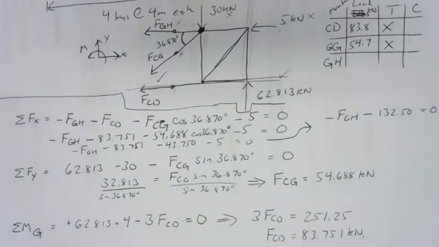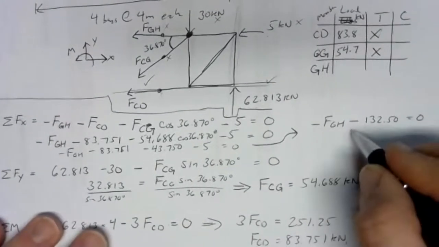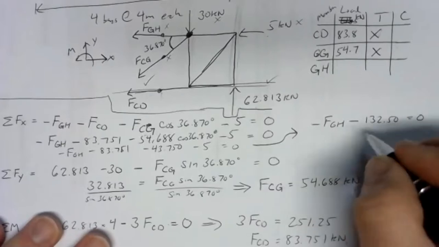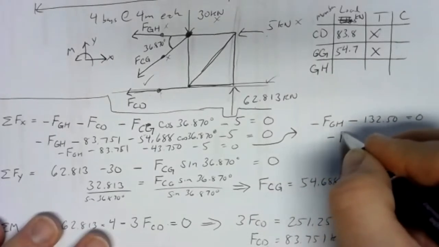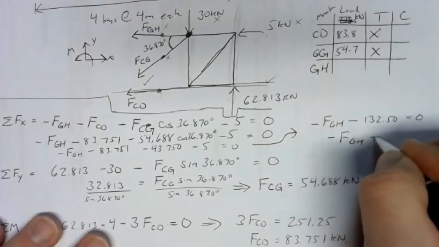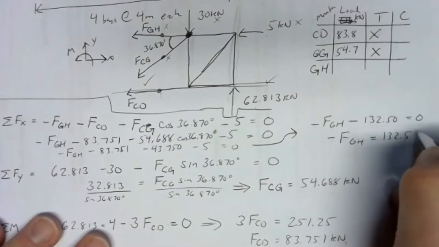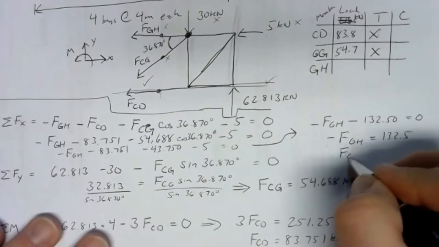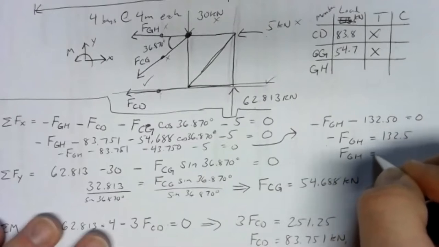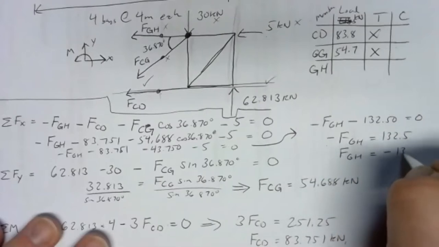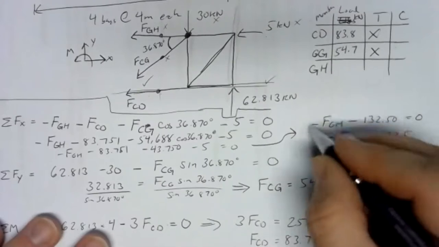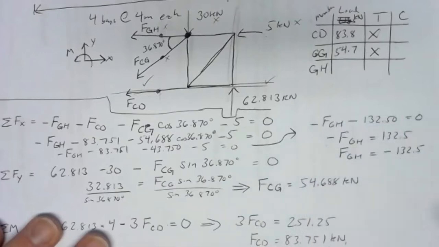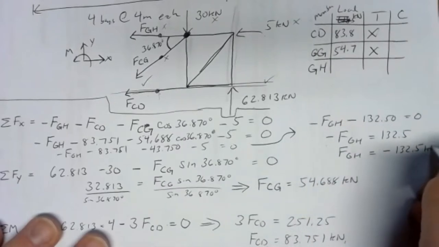So here you got to be careful with your negatives because they're all over the place here. So if we really carefully work this out, add 132.50 to both sides, we have negative FGH equals 132.5. But that's negative FGH. If we divide through by that negative 1 or flip the signs on both sides, FGH is negative 132.5. You could have just added the negative FGH to both sides, and that would have done it.